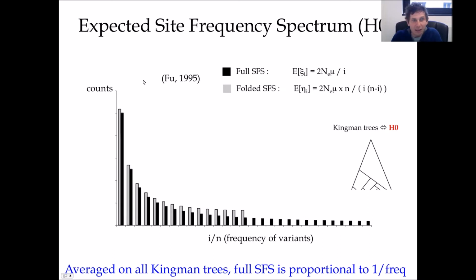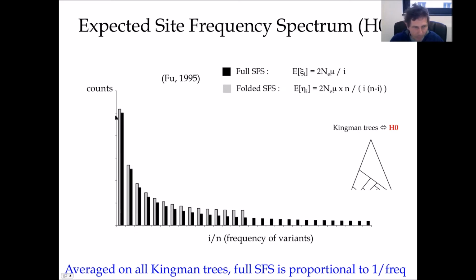And one interesting object that was developed in population genetics is the site frequency spectrum. That's the distribution of the frequencies of the mutations. In the first bin here, you have all the mutations that have small frequencies, say 1 over your sample size.